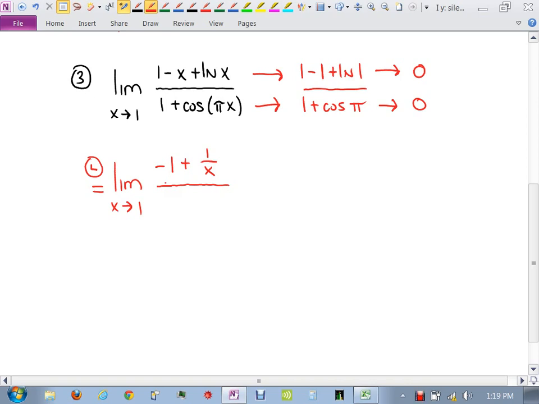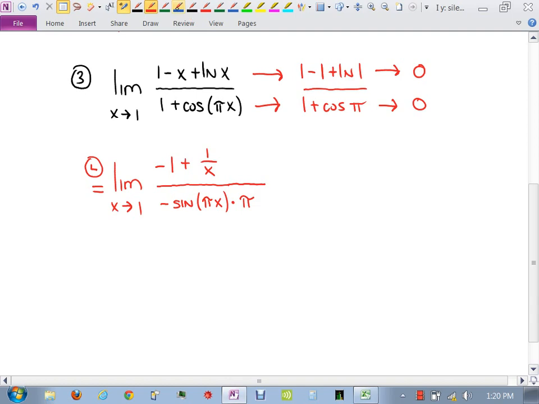On the bottom, the derivative of 1 is 0, and then derivative of cosine, we have to use chain rule here. So derivative of cosine of something is negative sine of that something, but then times the derivative of the something. So what's the derivative of pi x? Just pi. What's the derivative of 5x? 5. What's the derivative of 10x? 10. What's the derivative of pi x? Pi.